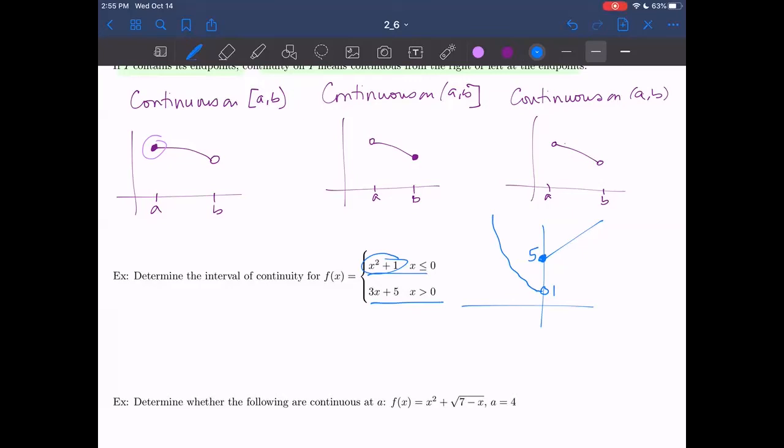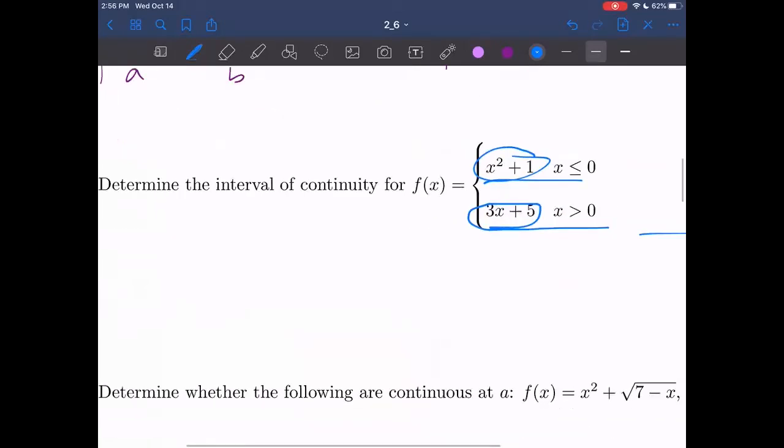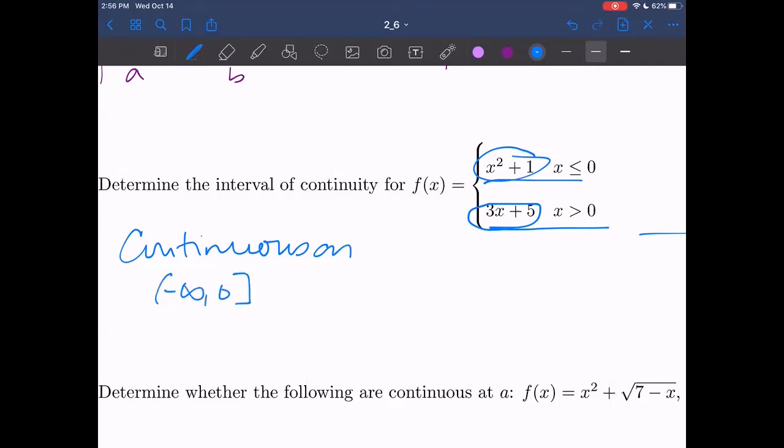And it's continuous on the second interval because a line is always continuous. So in this case, you're going to have two intervals where it's continuous. So we'd have it continuous on the intervals negative infinity to 0, which is included.